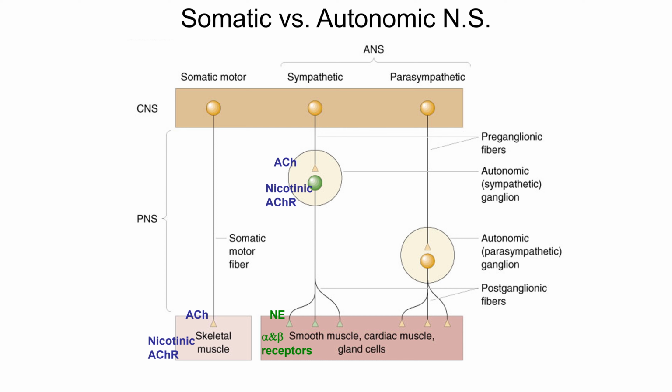But then we have a different type of receptor at the postganglionic neuron nerve terminal. So these are metabotropic. They involve G protein receptors, and I'll put those G proteins up a little bit later, and we'll review that. But the important thing to note here is that norepinephrine is the main neurotransmitter for the sympathetic system, and that acts on alpha and beta receptors.